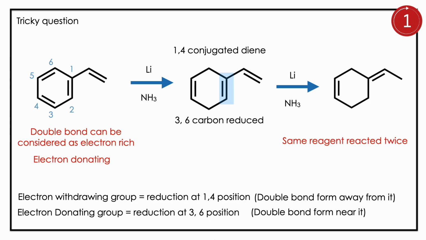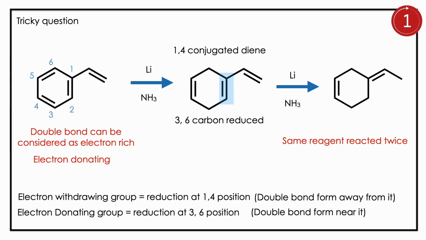Alkene, you may consider it an electron donating group because of the pi bonds and more electrons. So the bond forms near that, and reduction happens away from that. But the final product you end up with is a conjugated alkene, which is a 1,4-diene. Again, it can be reduced by lithium and ammonia. We have already seen the reaction map. So reduction happened.